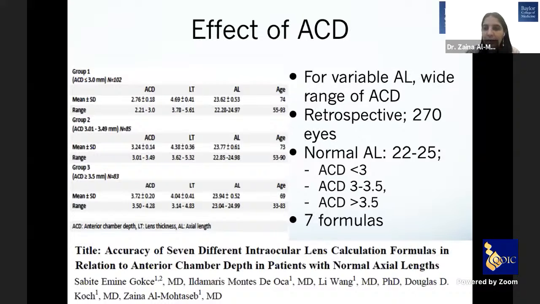So we wanted to look at patients that had normal axial lengths but variable anterior chamber depth. And we retrospectively looked at 270 eyes. It's also another point that we forget about. It's not just the axial length, but looking at that variability. So we define anterior chamber depth less than 3 millimeters, between 3 and 3.5, and greater than 3.5 millimeters.